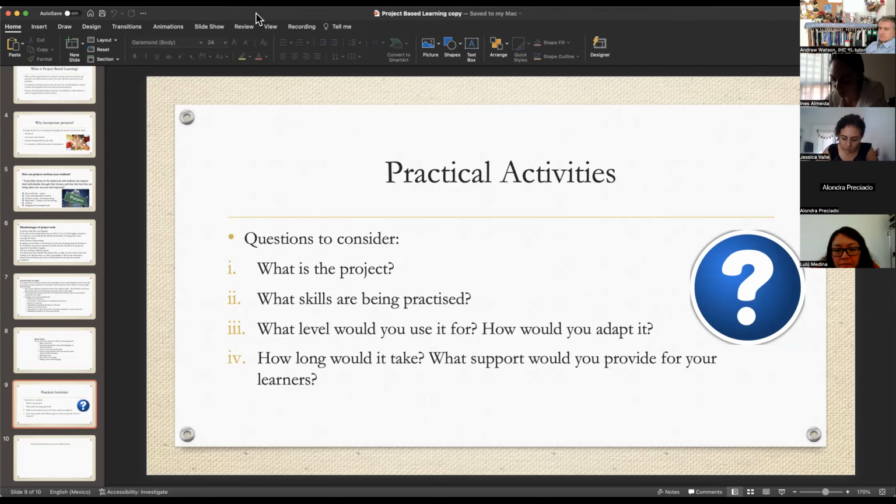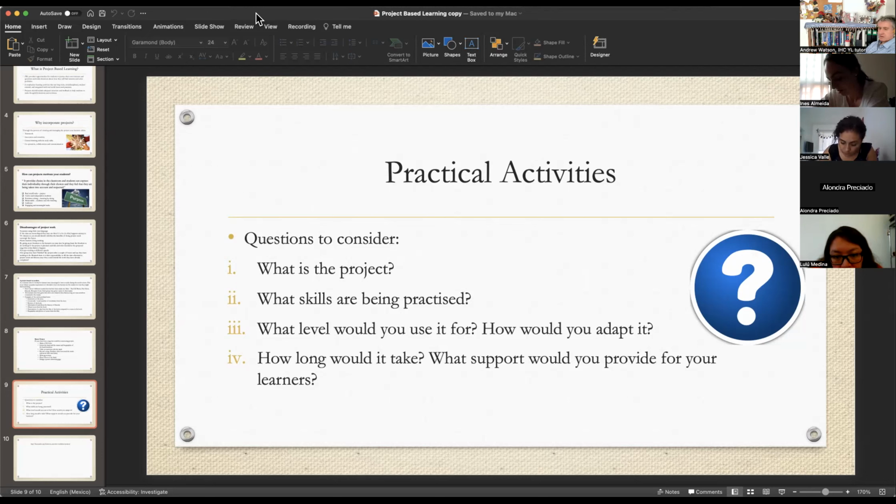As for the level, as it is now, we thought it would be for an intermediate, like a B1 class, but of course it can be adapted.